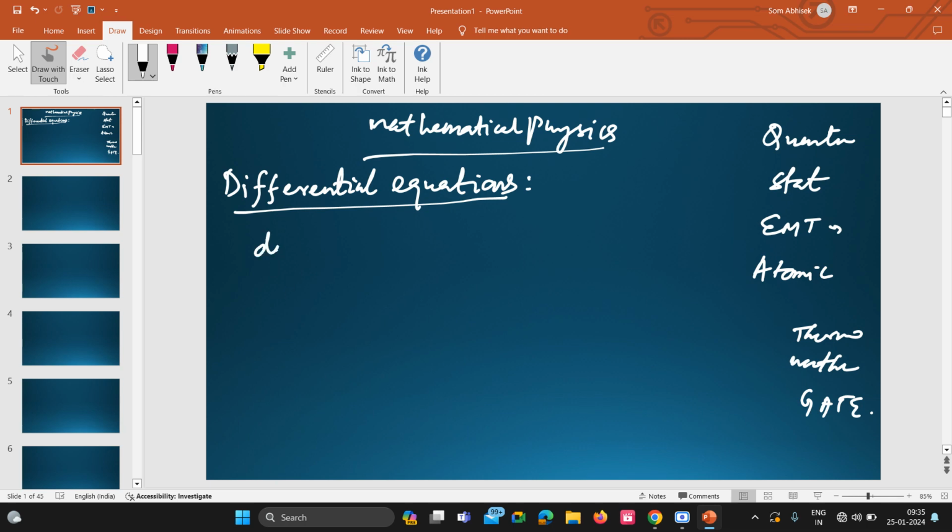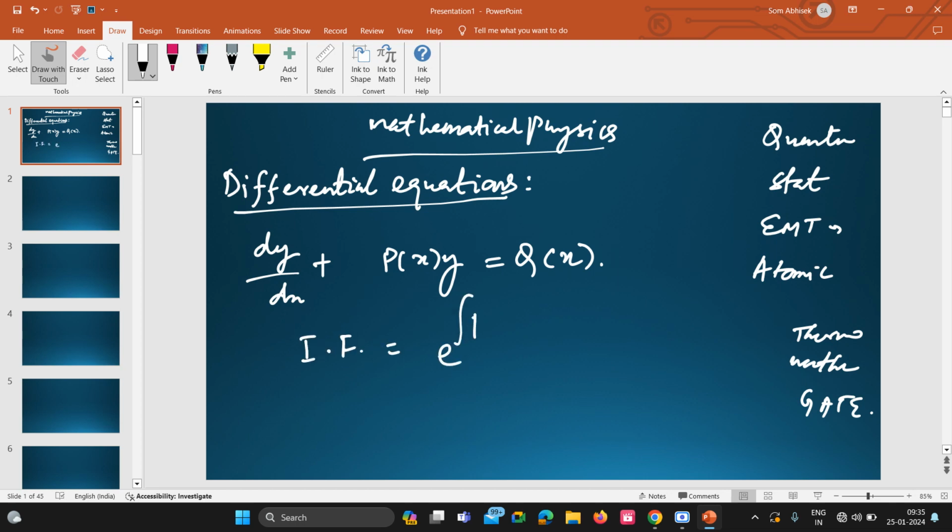But just before that, if you know this form, dy by dx plus p(x) y is equal to q(x), how do you solve this differential equation? You first calculate the integrating factor, that is e to the power integral of p(x) dx.